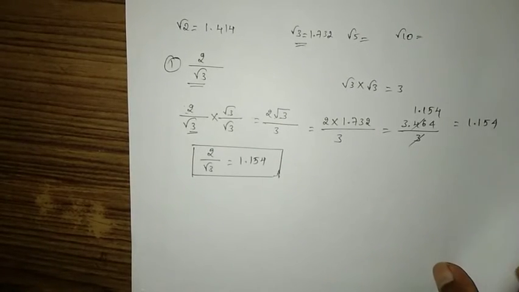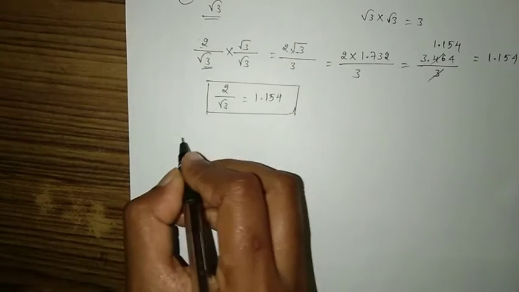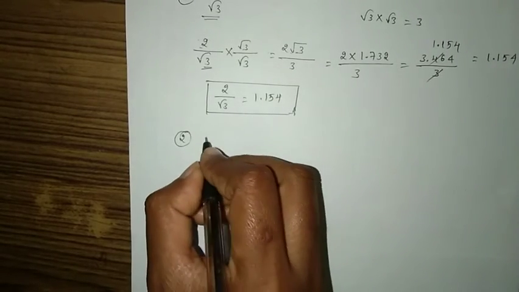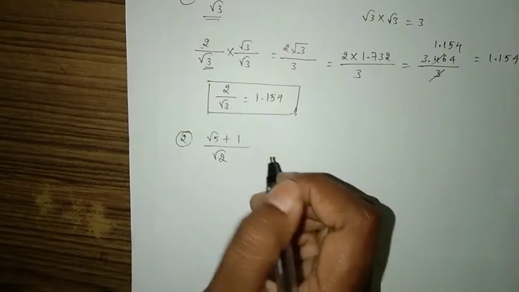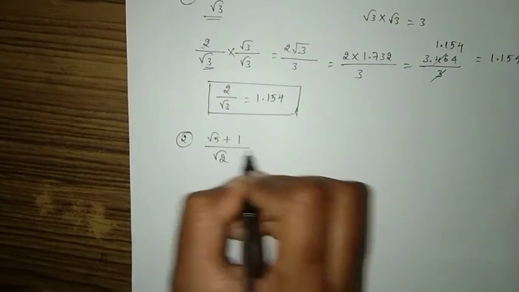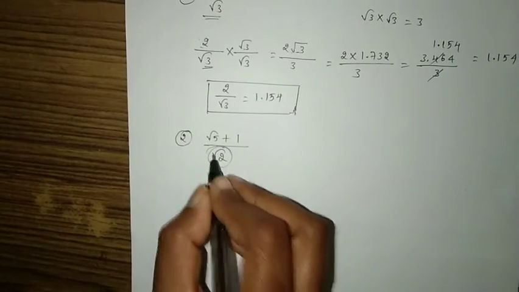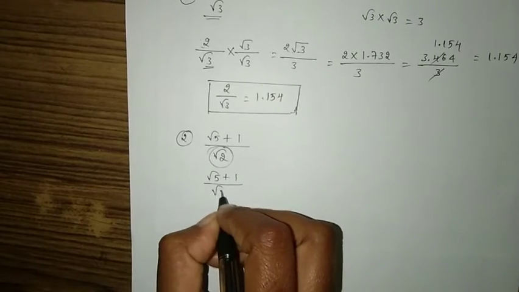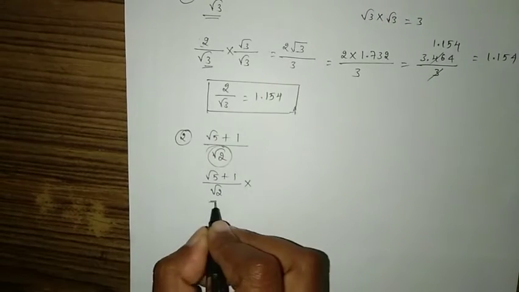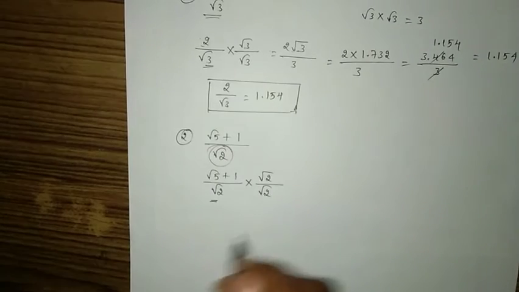Let's take another one. So this is the second one. Root 5 plus 1 divided by root 2. What do we have to do? We have to eliminate this first. So root 5 plus 1 divided by root 2 into, multiply root 2 in the numerator and root 2 in the denominator.